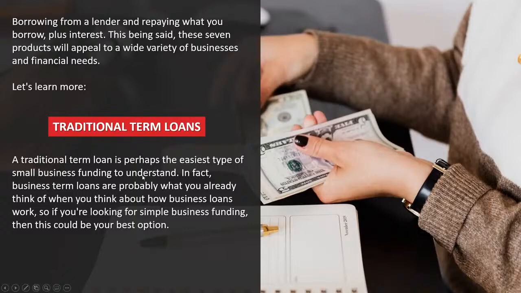You borrow a certain amount of money at a particular interest rate over a certain amount of time, or term, and you pay a set payment amount. In essence, that's a traditional term loan.